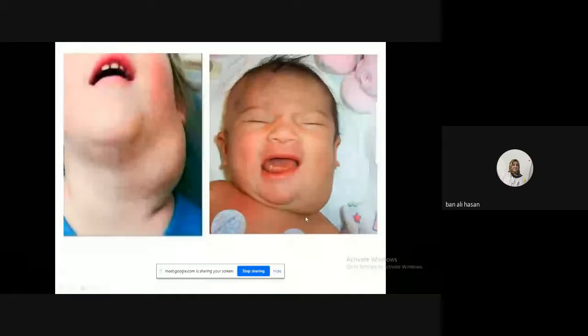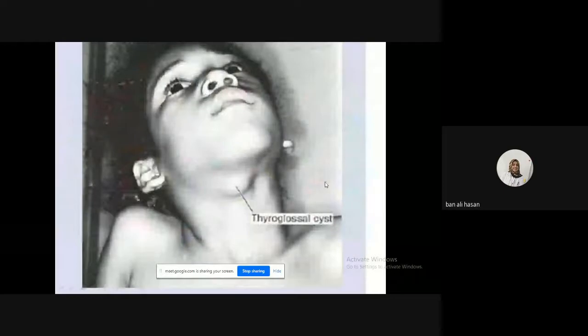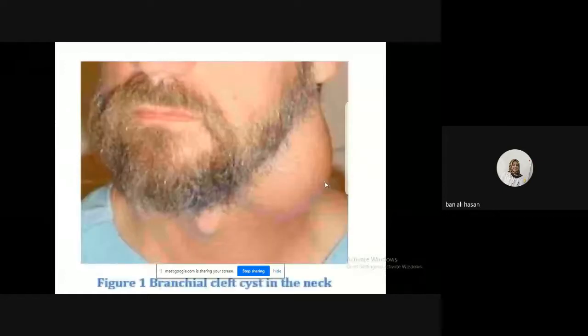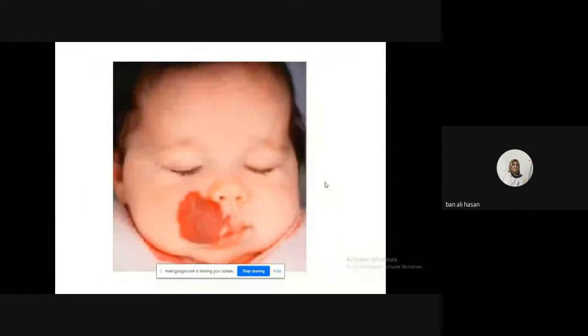Okay, so another one is the lymphangioma. This we call cystic hygroma, and also hemangiomas. They all can be seen in every part, not just in the neck, can be seen in the face, in the neck, and other parts of the body as a result of aggregation or abnormalities in the vessels, I mean the blood vessels, or in the lymphoid. Okay, so these are all the examples you need to know for the abnormalities that can be seen in the neck.